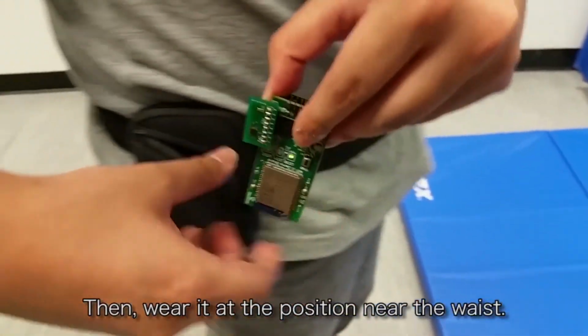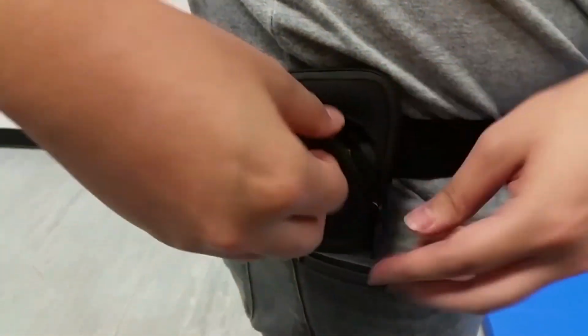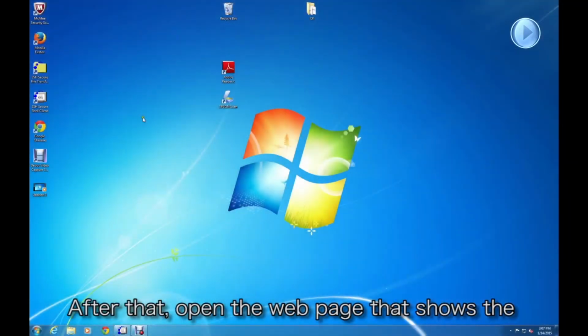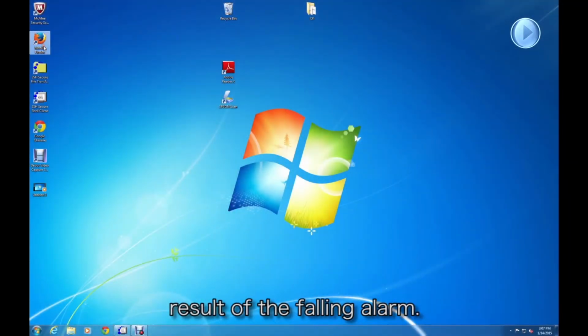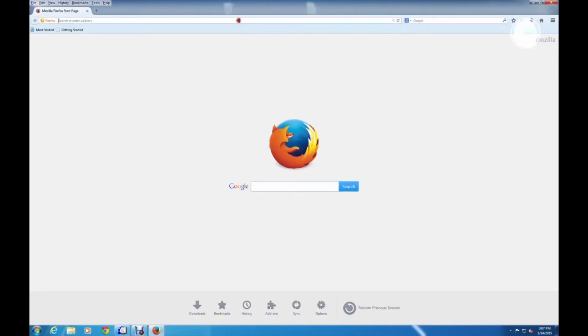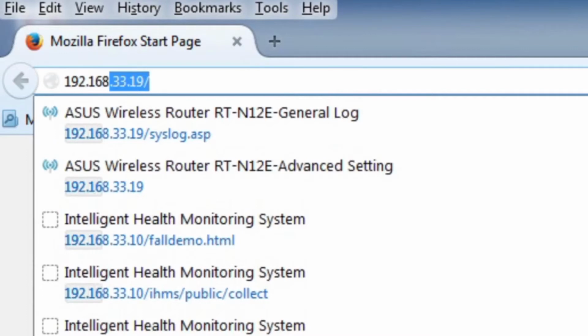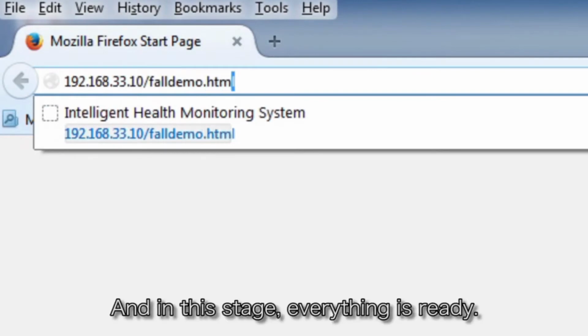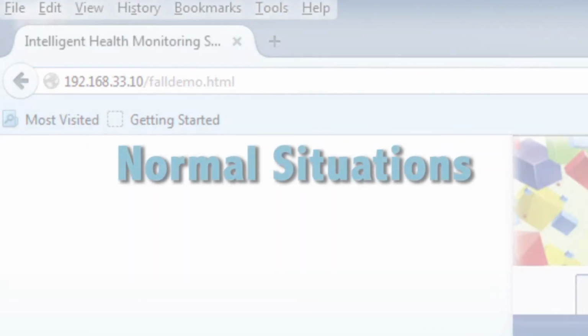Then, wear it at the position near the waist. After that, open the web page that shows the result of the falling alarm. And in this stage, everything is ready.